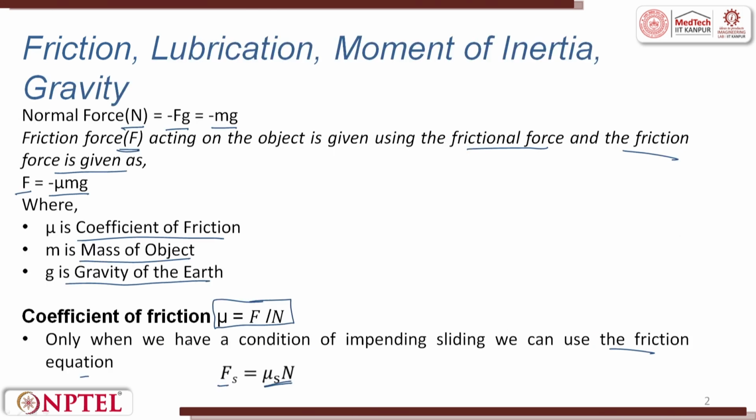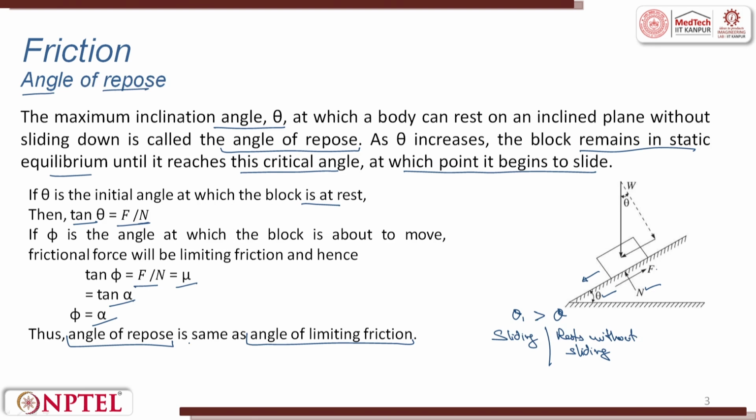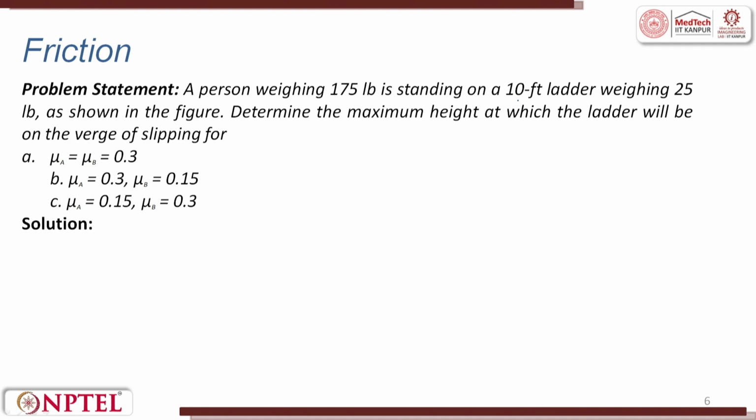So, I talked about angle of friction, I talked about angle of repose. Let us now try to see some examples on friction and moment of inertia. So, here is one problem statement where a person weighing 175 pound is standing on a 10 feet ladder weighing 25 pound as shown in figure.